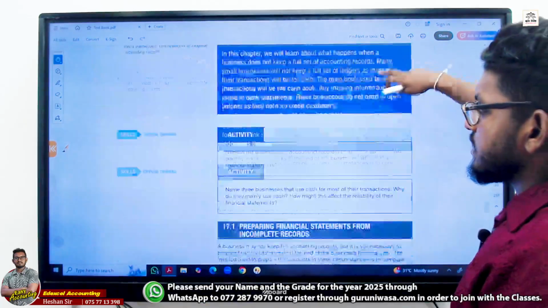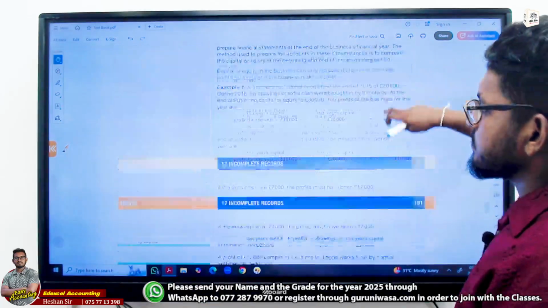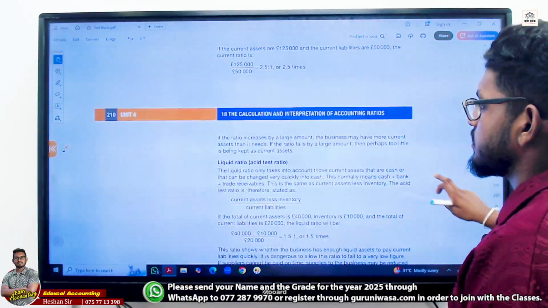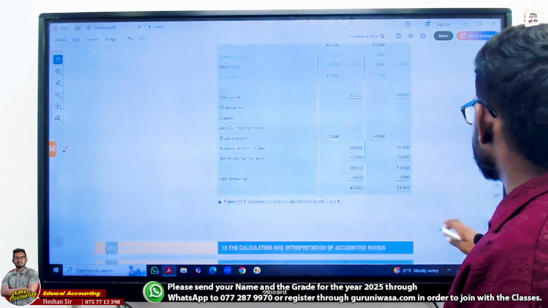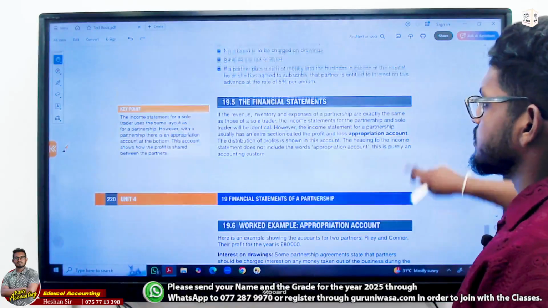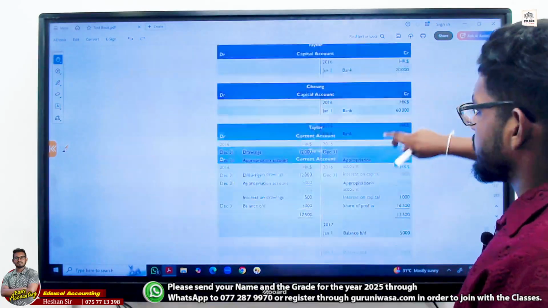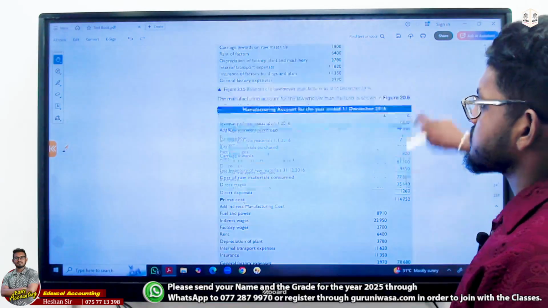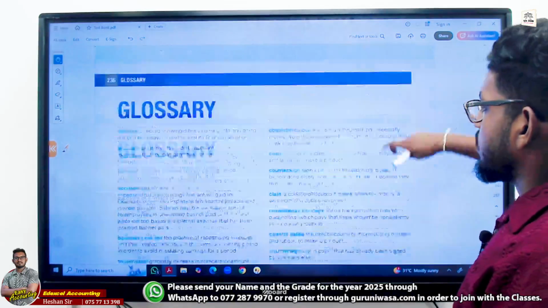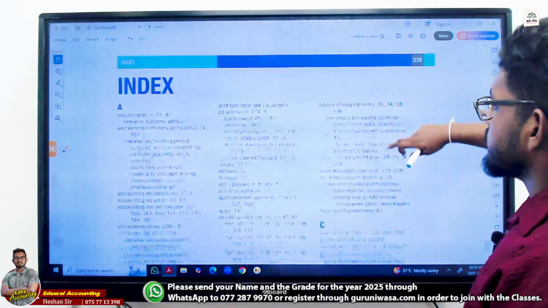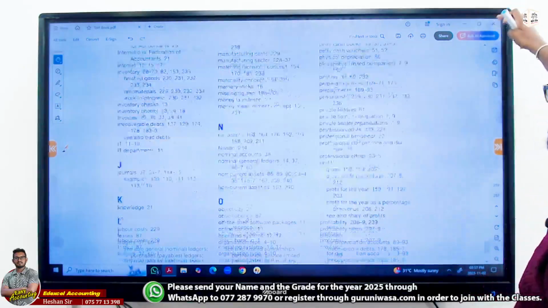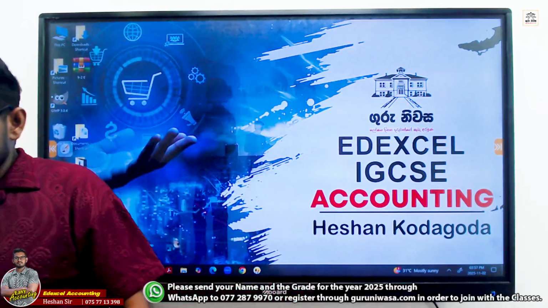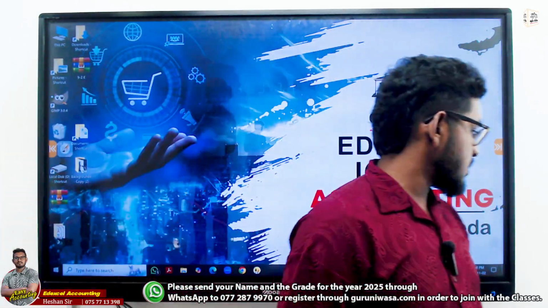Then again we need to do the incomplete records, then the ratios we need to finish. Then the partnership and the manufacturing. My target is to finish everything till the 10th, the theory parts. After that, we can do the theory papers, past papers.